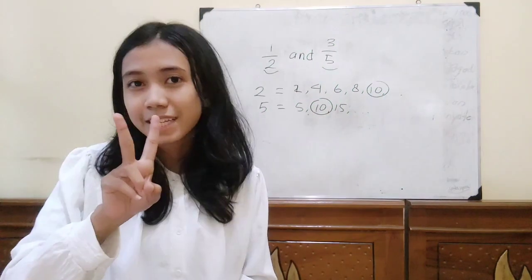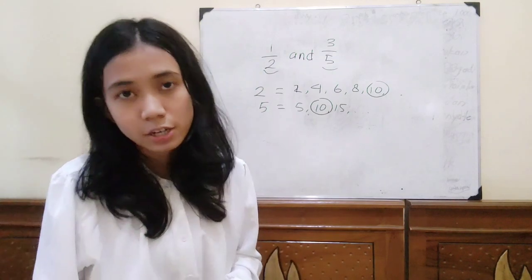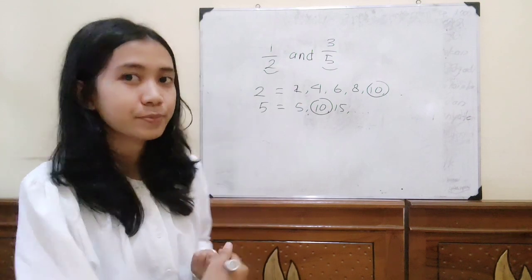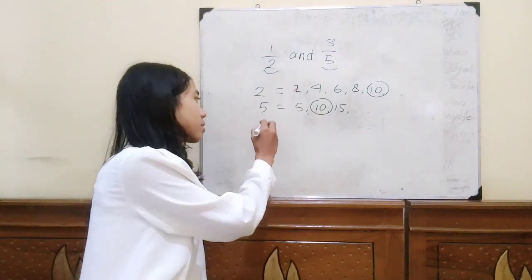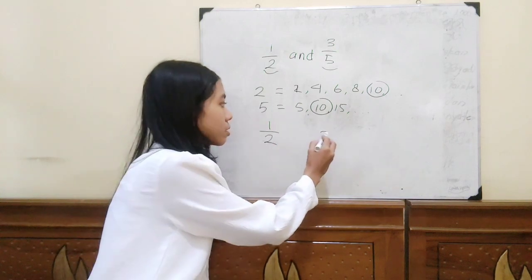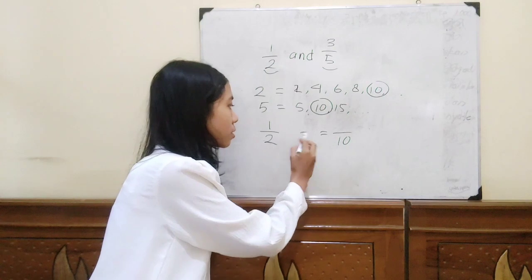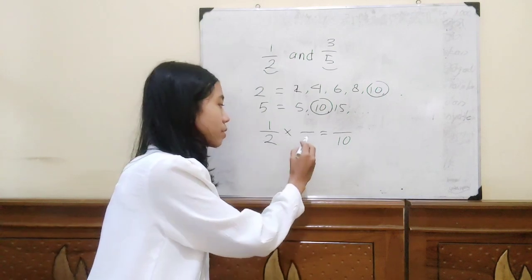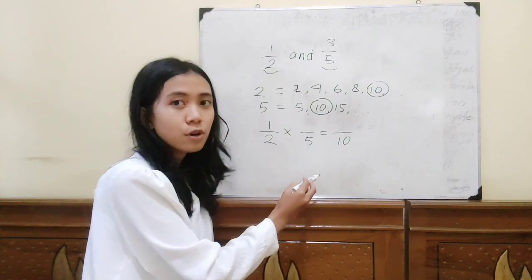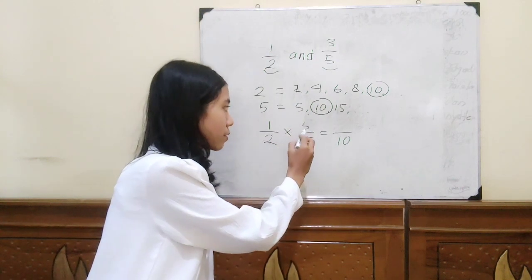The second step is to convert them in such a way that the denominators become 10. First is a half. To get 10, we should multiply 2 by 5. So we multiply the numerator by 5 too.